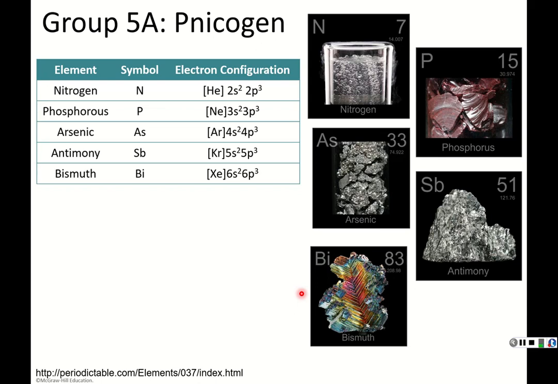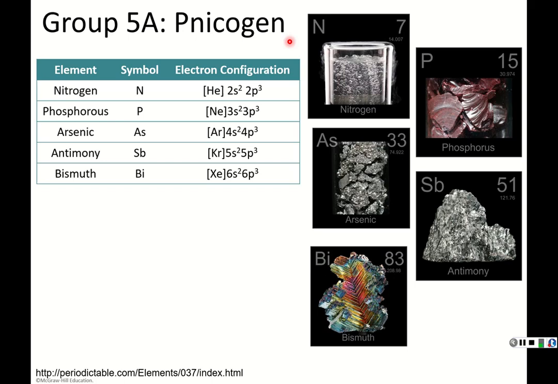The interesting thing about this group is that it's one of those groups that has a name. And we'll talk about the halogens next lecture, and the noble gases. But a lot of these groups don't have a specific name, while this group does, and it's spelled a little bit funny here. This is the name of that group, and the P is sort of silent, so this is pronounced nicogen, the nicogen family.